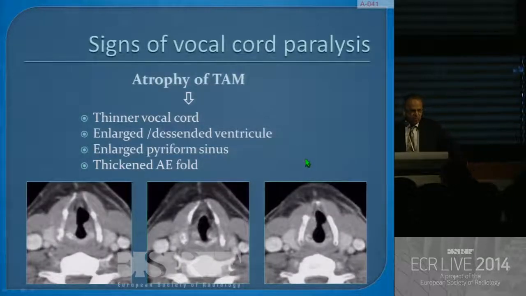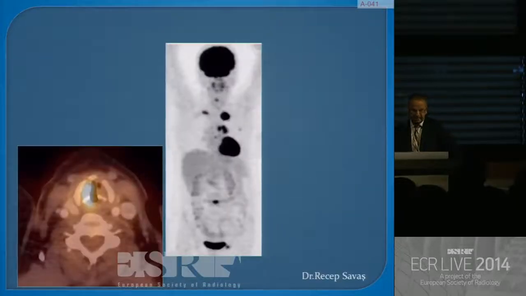So we have to know the signs of vocal cord paralysis. Thinner vocal cord, the most impressive one, I think, the enlarged descendant ventricle, enlarged piriform sinus, thickened aryepiglottic fold are the signs of vocal cord paralysis to the side.